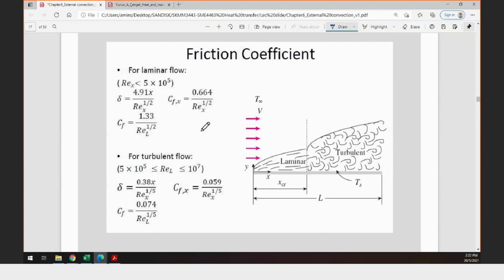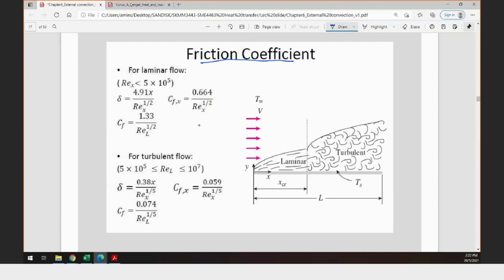Because the process is the same. You need to know the flow type, you need to find the properties, you need to calculate the Reynolds number, then you can calculate this friction coefficient.